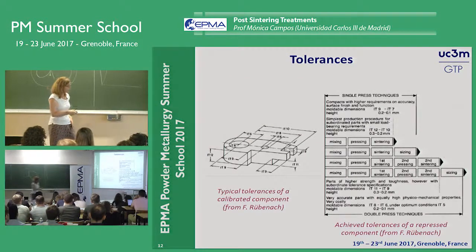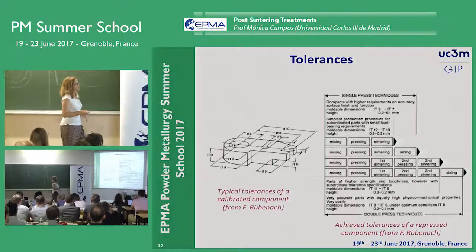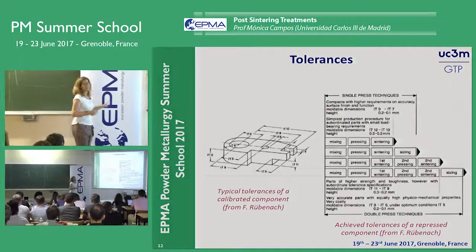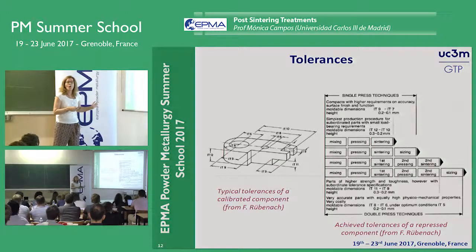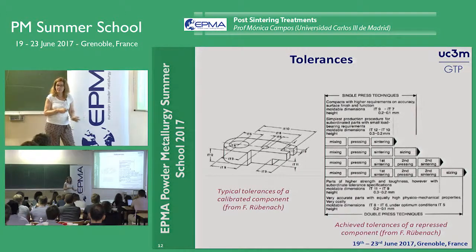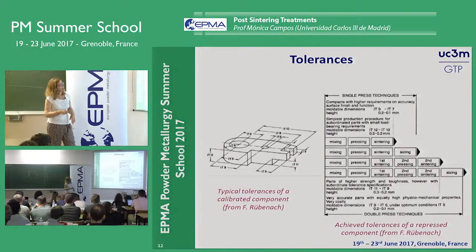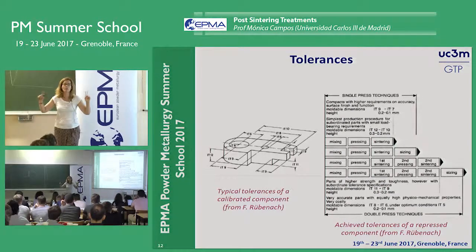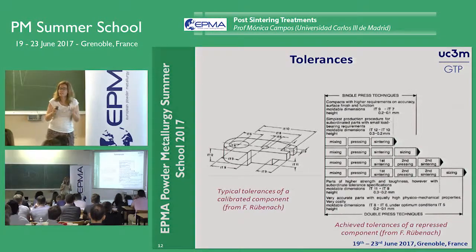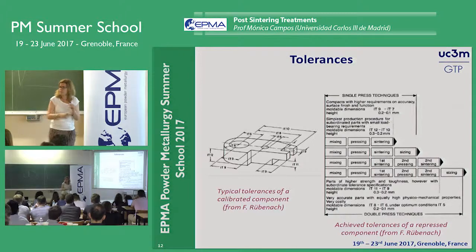Let me show you here the typical tolerance of a calibrated component. This is just after calibration. Of course, not all the dimensions have the same level of tolerance, but all of them are relatively tight. And let me show you here how we can move within this range of tolerance when we choose different routes of PM process.